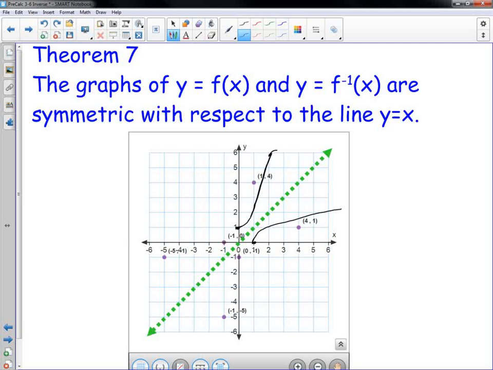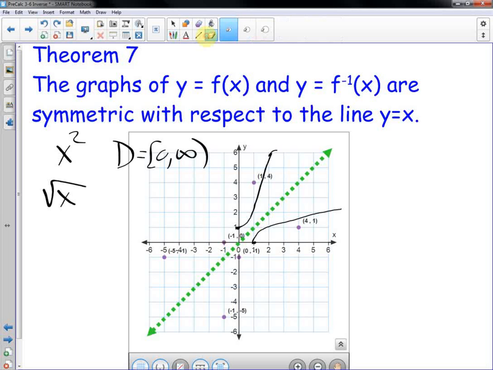Let's say we took x squared with the restricted domain of 0, infinity. So this top one here, I'll graph this top one in red, looks like this.